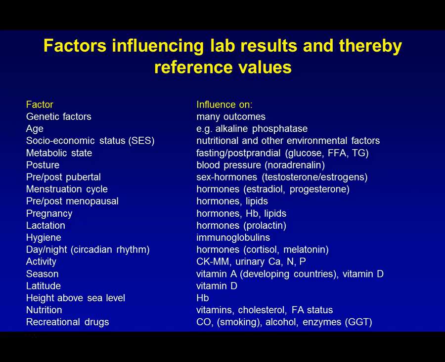The metabolic state, which means fasting or postprandial, influences glucose, free fatty acids and triglycerides. Posture influences blood pressure, and this is caused by an increase in noradrenaline when you are standing instead of lying down.